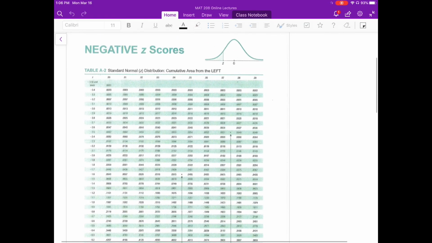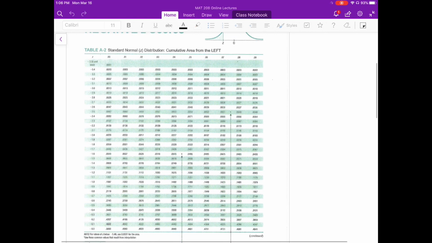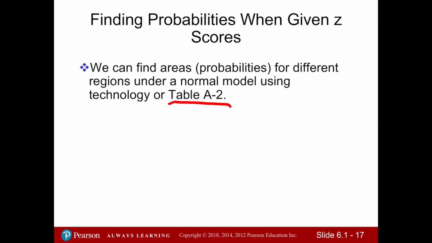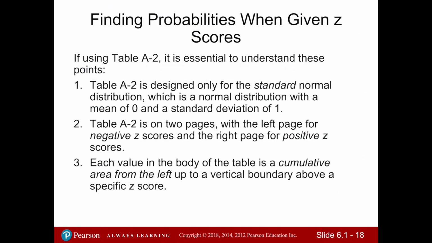It will have a bunch of probabilities and a bunch of z-scores, which we'll explain in a little bit. A few things to point out about using this table: it is only designed to be used for the standard normal distribution.